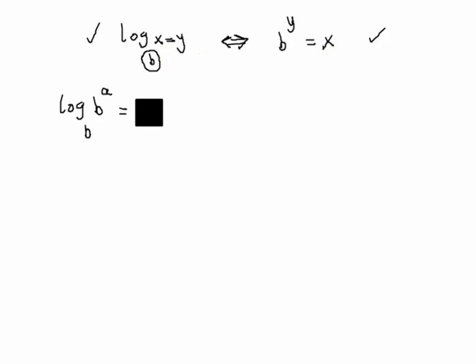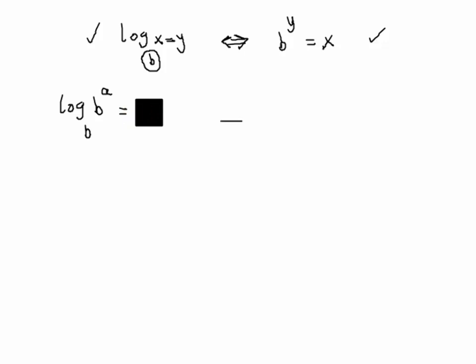So in this case, we want to figure out what is log of b to the power of a when the base is also the same as b. If the base of the logarithm turns out to be the same as this number here, we want to know what this number would be. If I convert this to the exponential, that should be pretty simple.